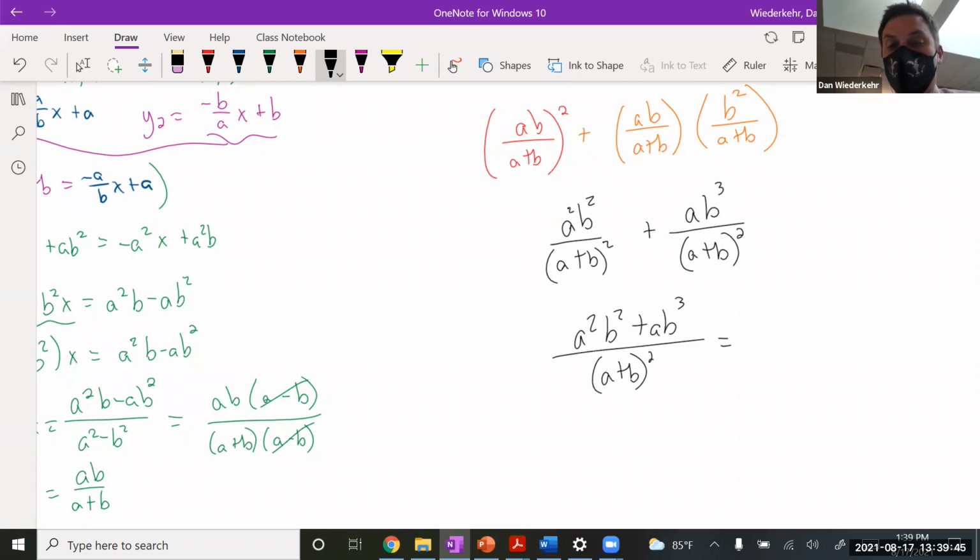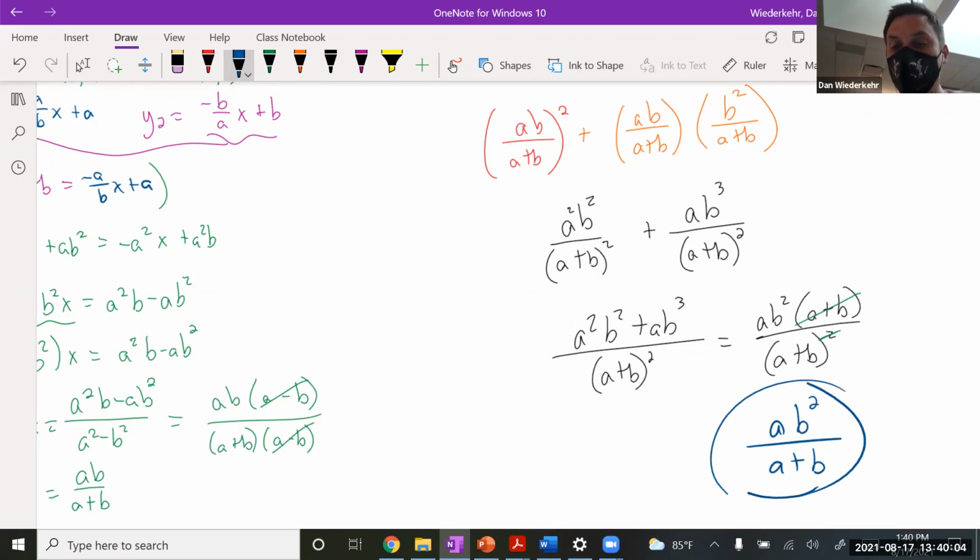And we can take out an a and a b squared from the numerator. And when we do that, we get a plus b over a plus b quantity squared. A plus b cancels, leaves us with ab squared over a plus b. Hey, fun, fun, fun.